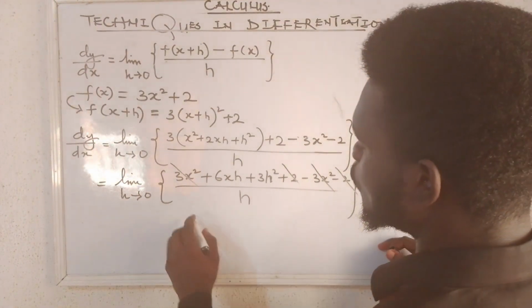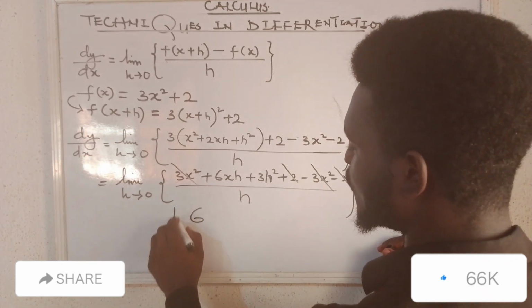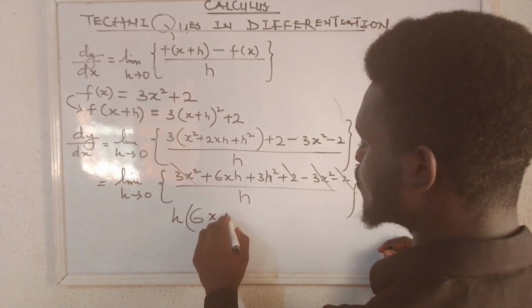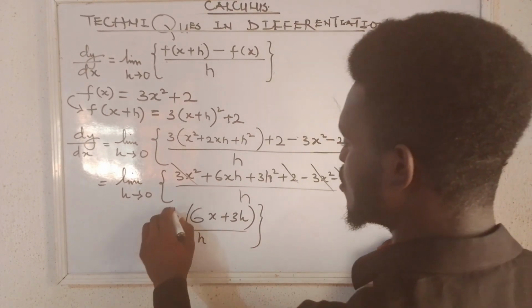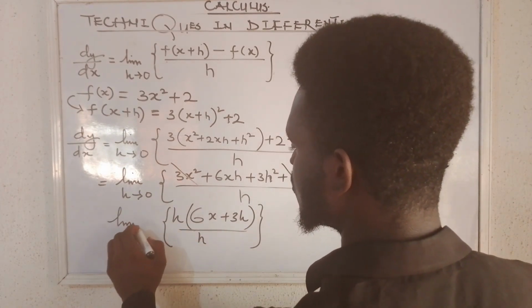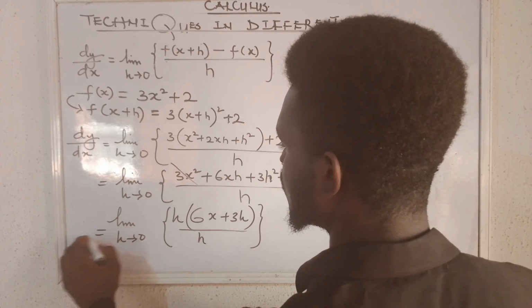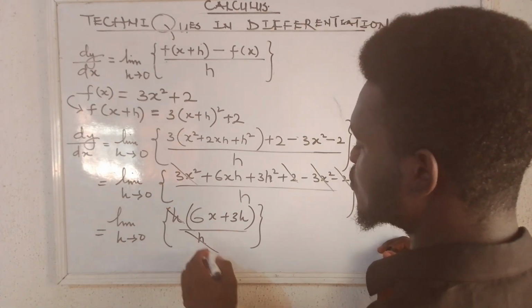When you factor out h, you are left with 6x plus 3h, all divided by h, as h tends to 0. This h cancels out the h.